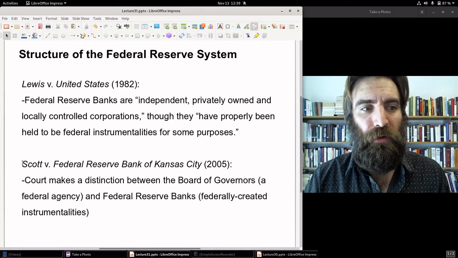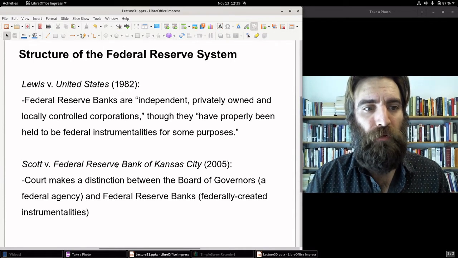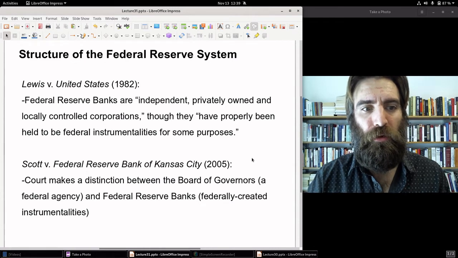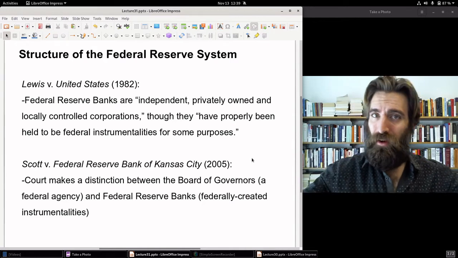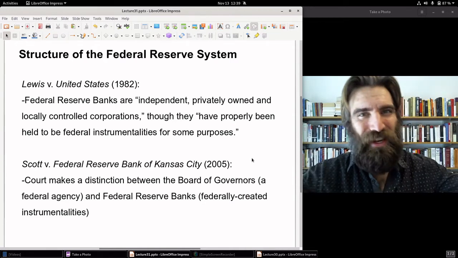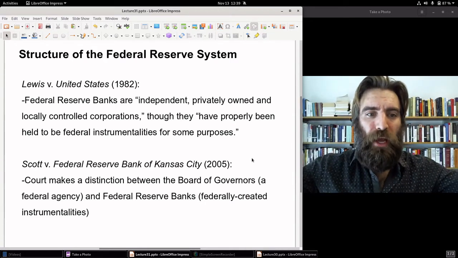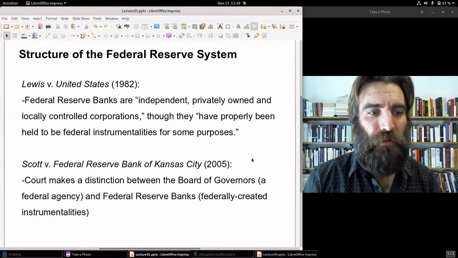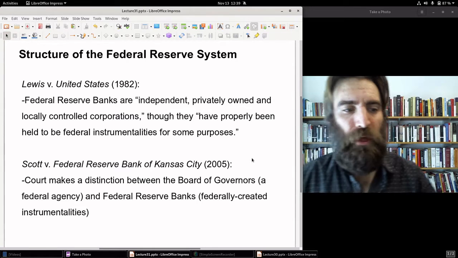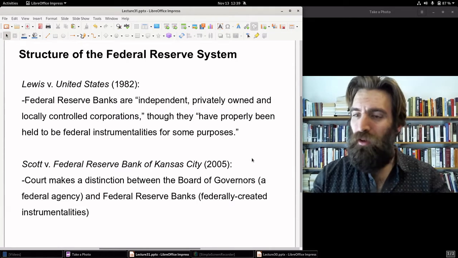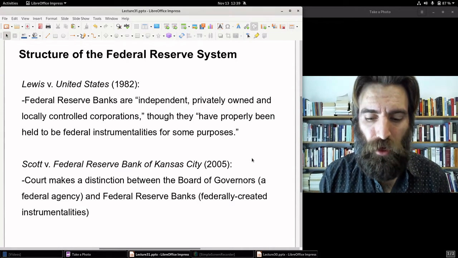Here's another case in 2005, Scott versus Federal Reserve Bank of New York City. The court made a distinction between the Board of Governors, which is called a federal agency, and even this has some problems. A federal agency, but the Federal Reserve banks, again, are federally created instrumentalities. There are restrictions, though, again, that a purely private corporation doesn't face.